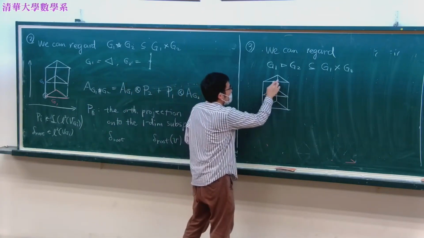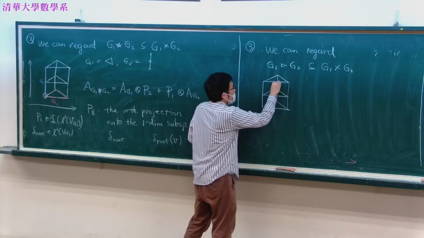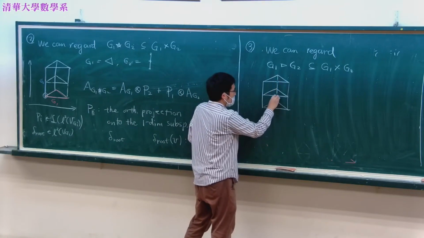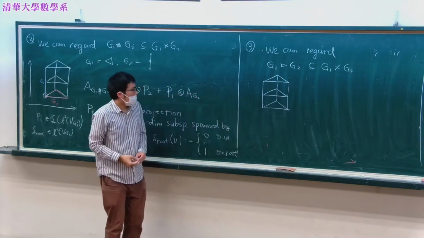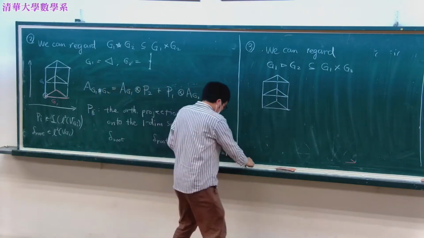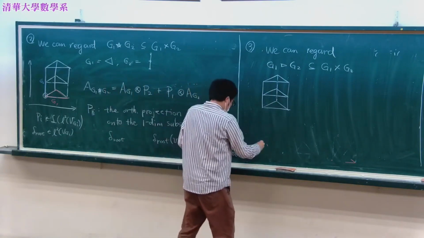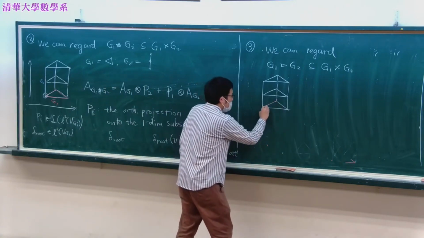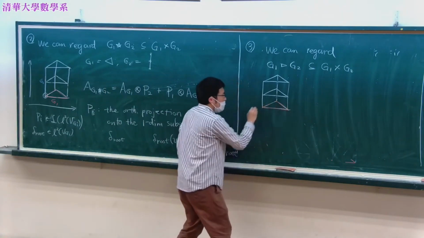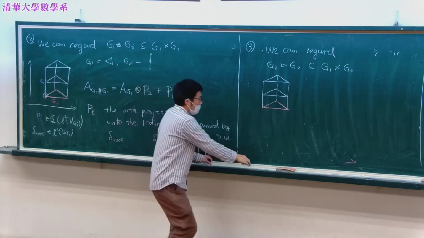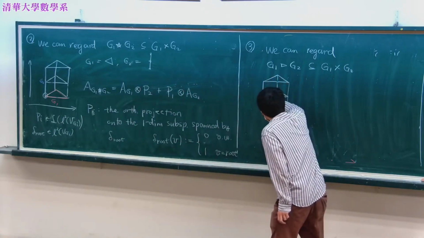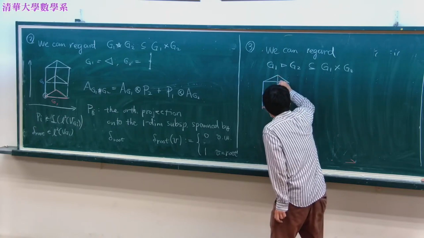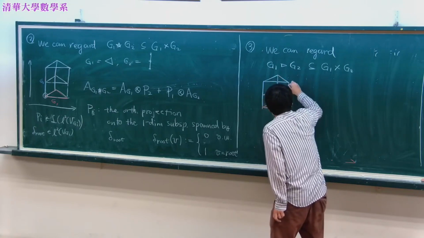Maybe dots look better. For the cone product, we take the bottom G1 and these 3 lines.